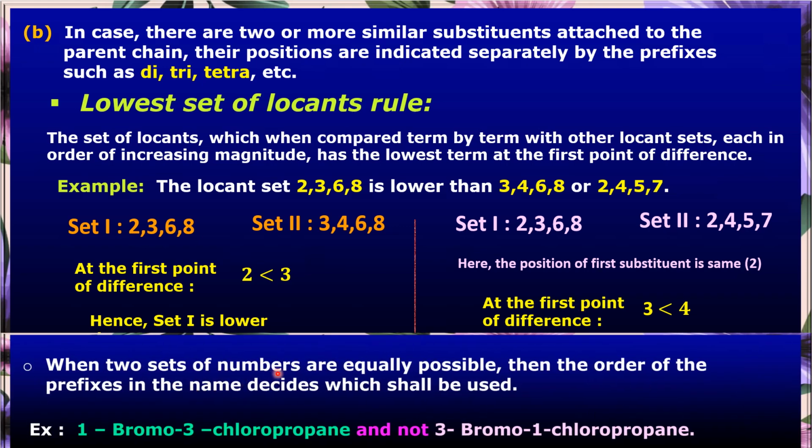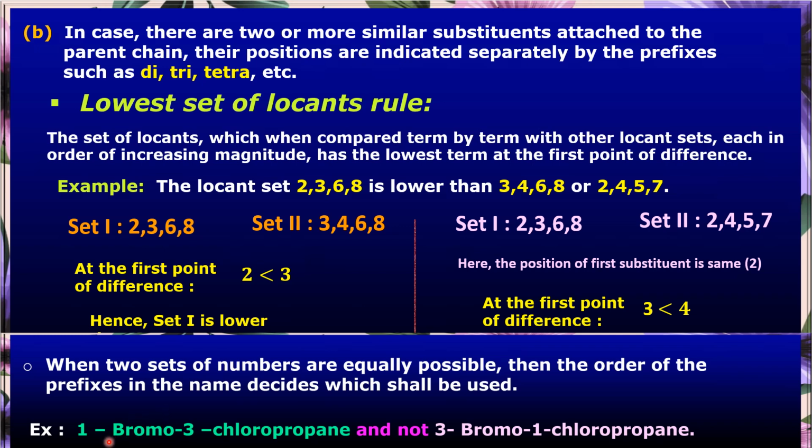When two sets of numbers are equally possible, then the order of the prefixes in the name decides which shall be used. That means if numbering is done and we got the two sets equal, at that time the order of the prefixes will decide the numbering. For example, you see here 1-bromo-3-chloropropane and not 3-bromo-1-chloropropane, because alphabetically B comes first.